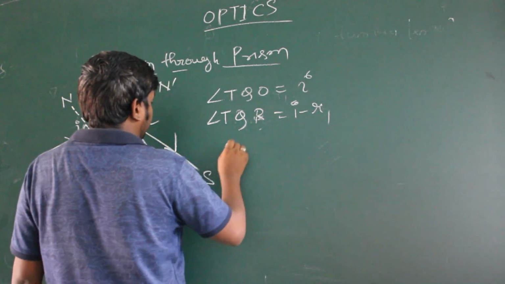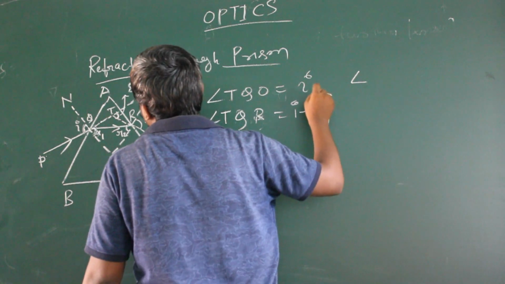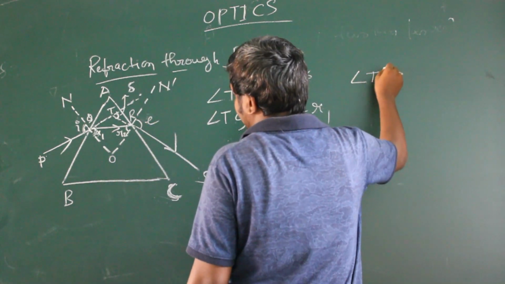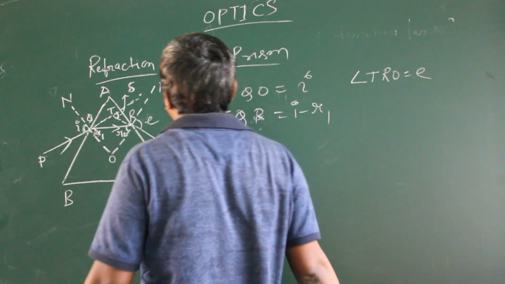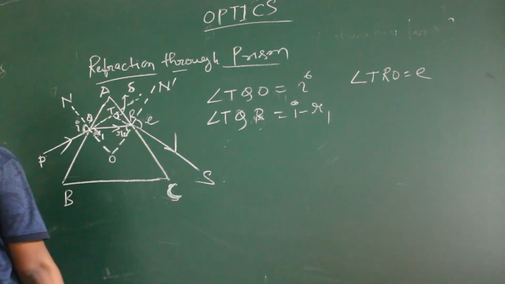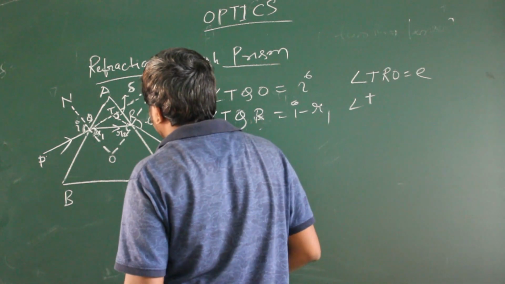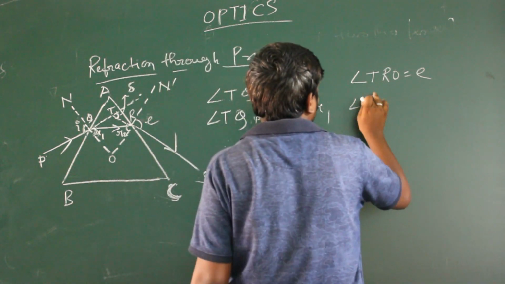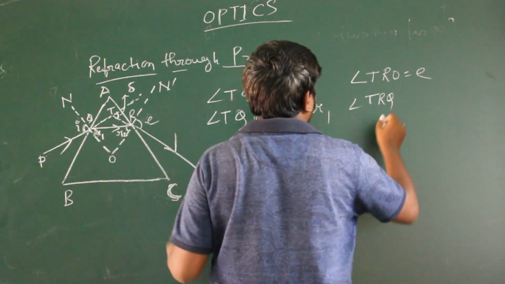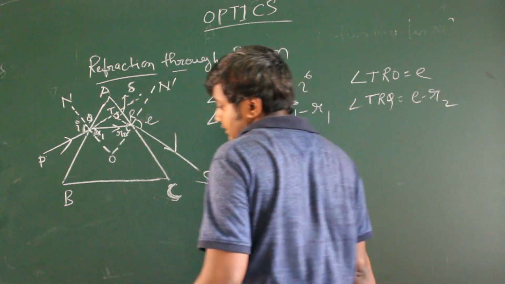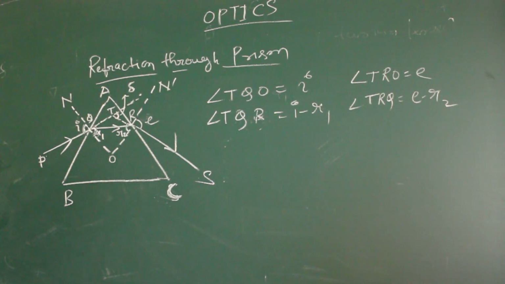Again, we can write angle TRO equals E. This whole angle is E. So angle TRQ, if the whole angle is E, then it will be E minus R2.